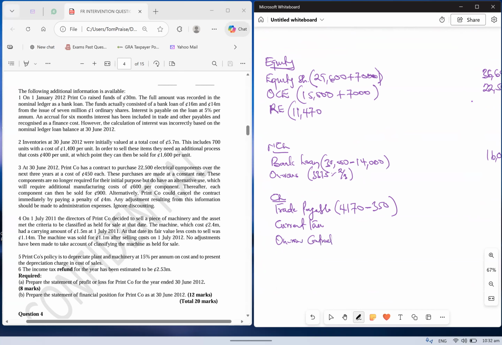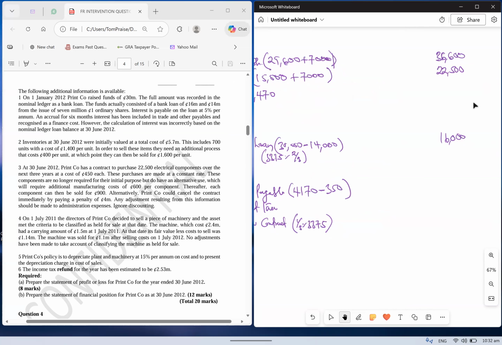If the penalty had been lesser, we would use the penalty as the provision. So the 1/3 of 3,375 is 1,125. Then the 2/3 is 2,250.